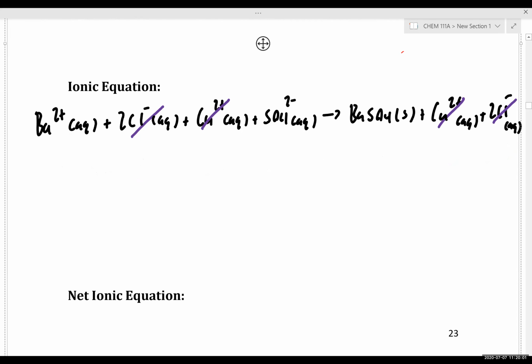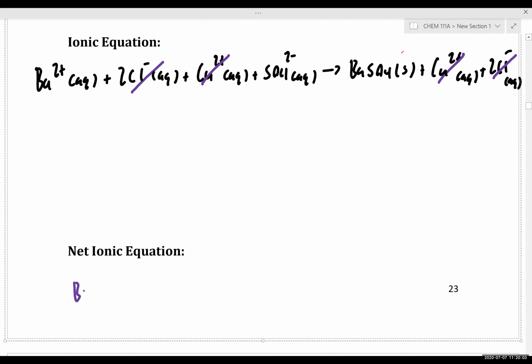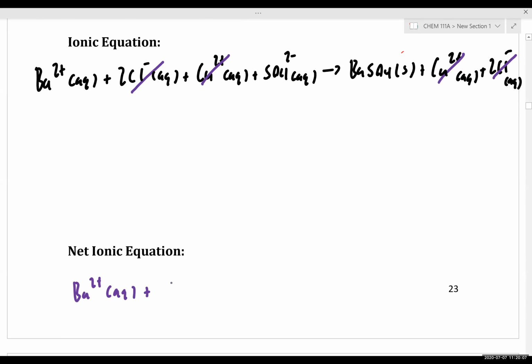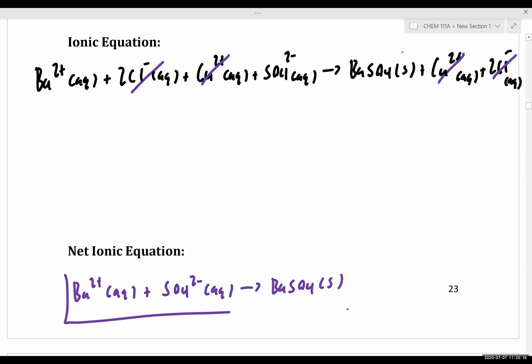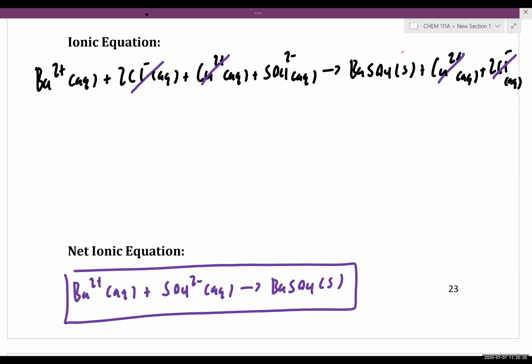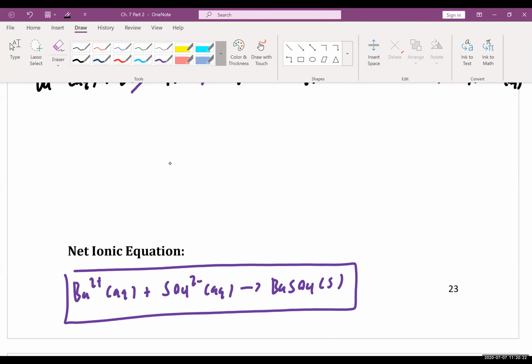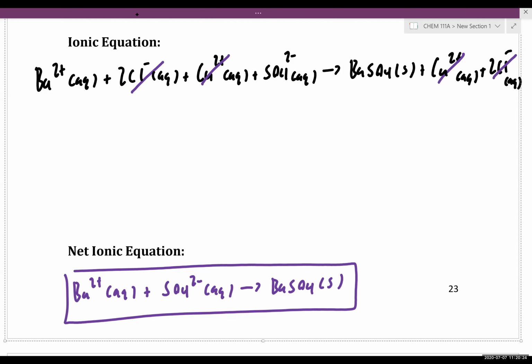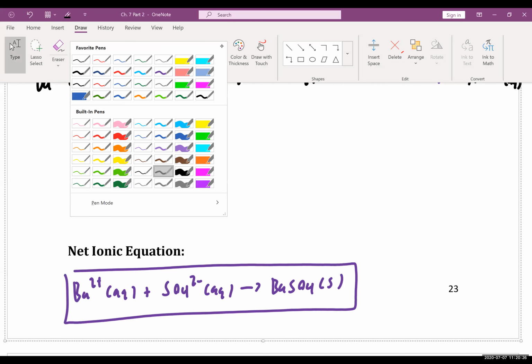And that in turn gives us a net ionic equation of barium 2+ aqueous plus SO4 2- aqueous leads to barium sulfate solid. Perfect. And the responses I see in the chat and shared via the annotate feature from students were perfect.